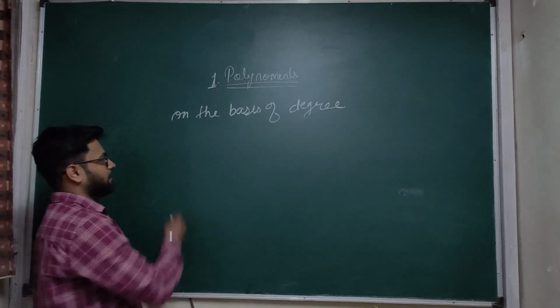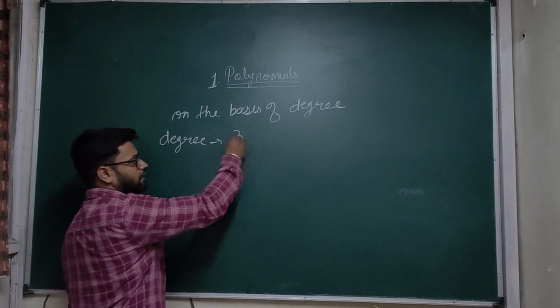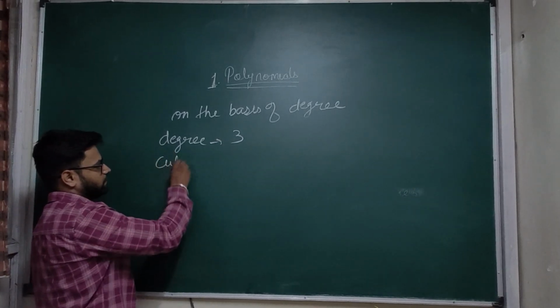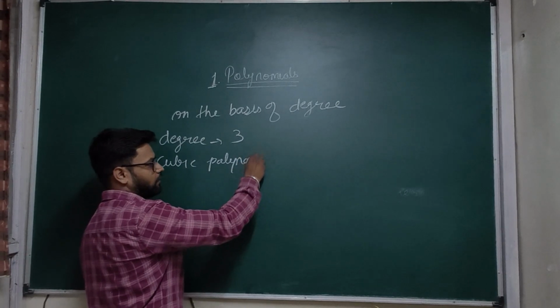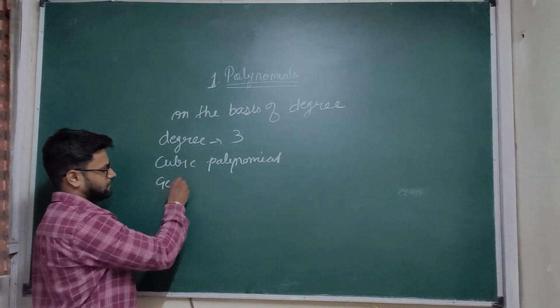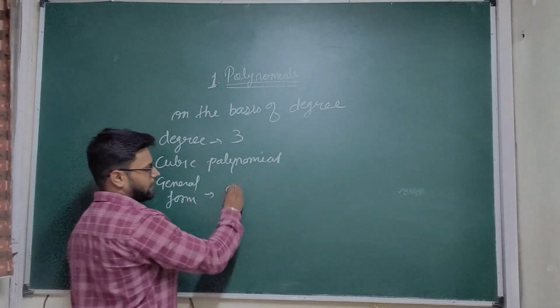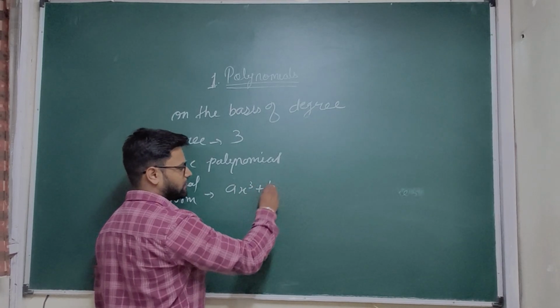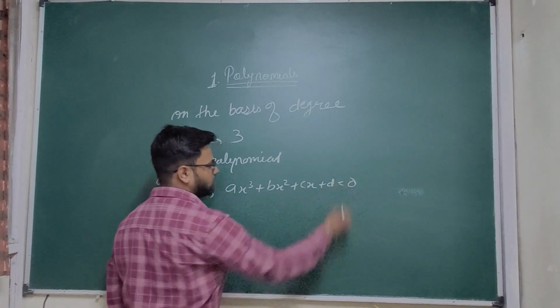Now the third type is the cubic polynomial. An expression having degree 3 is known as a cubic polynomial. Its general form is ax cube plus bx square plus cx plus d is equal to 0.